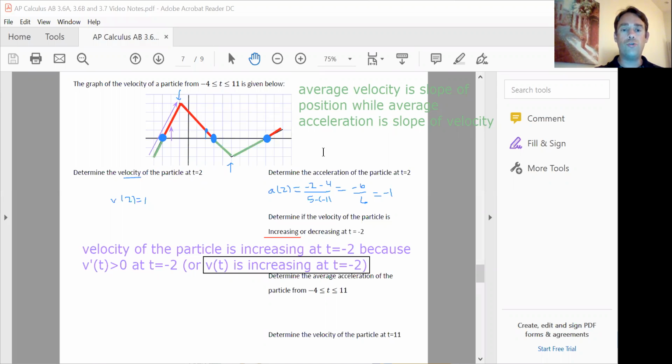All right, so the average acceleration. That's going to be, and again, I'm going to use my squiggles, v of 11 minus v of -4, all over 11 minus -4.